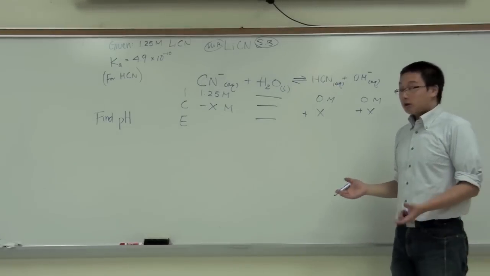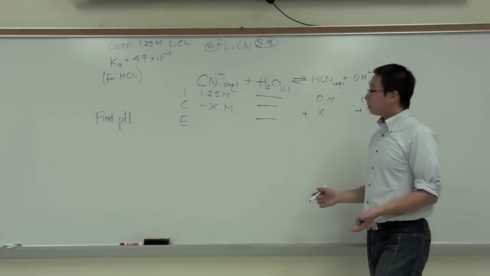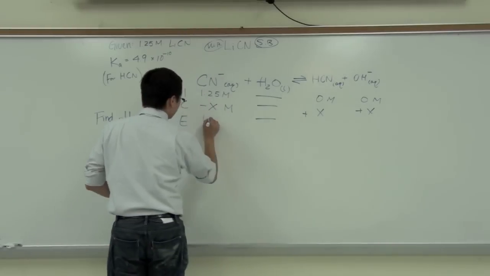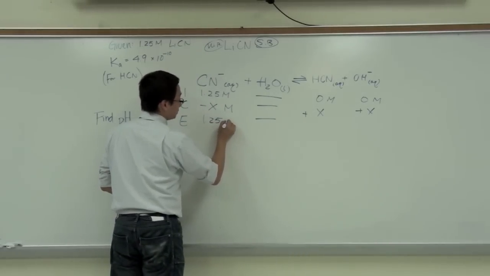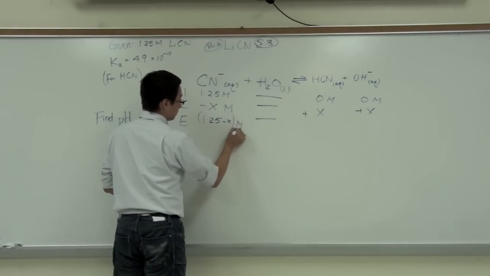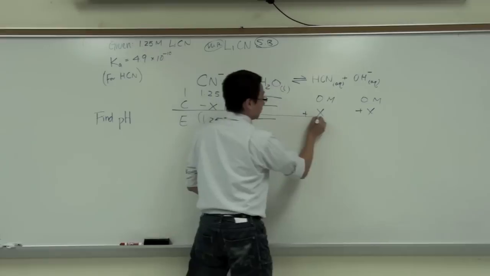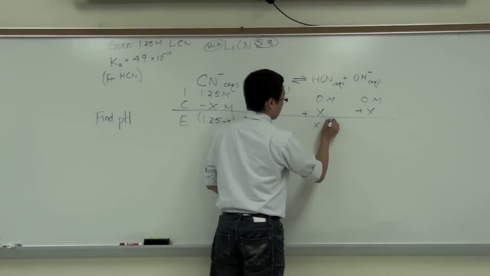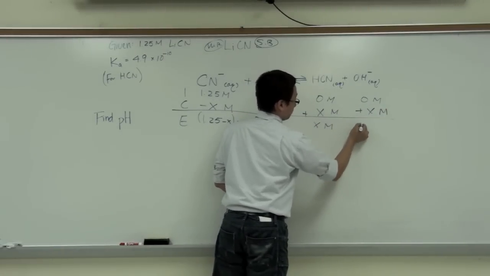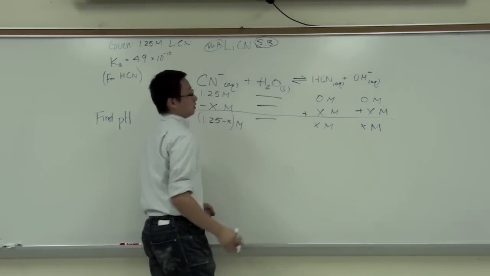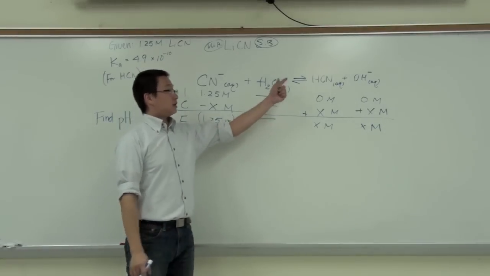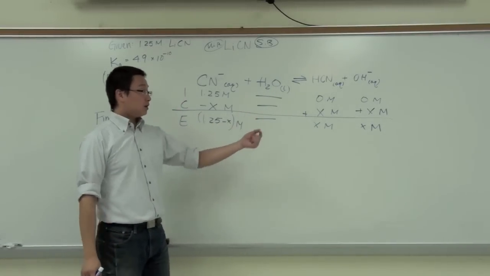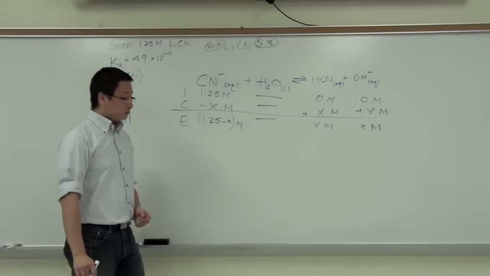Okay? So what is the concentration at equilibrium? It will be 1.25 minus X, and the concentration of the hydrocyanic acid and the hydroxide ion would be X molar, respectively.